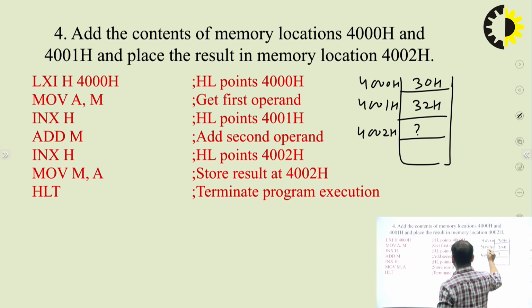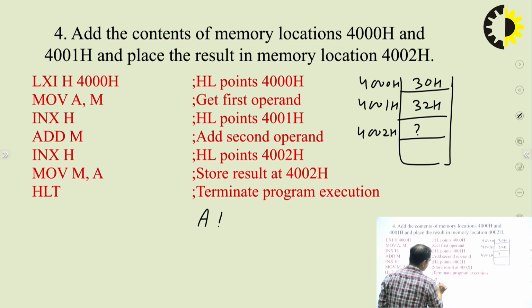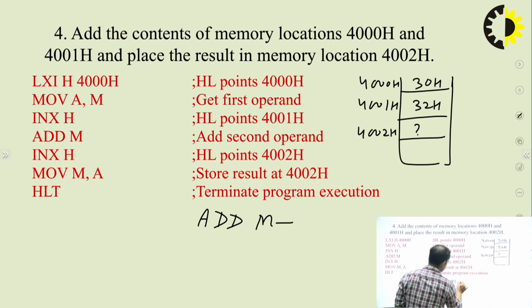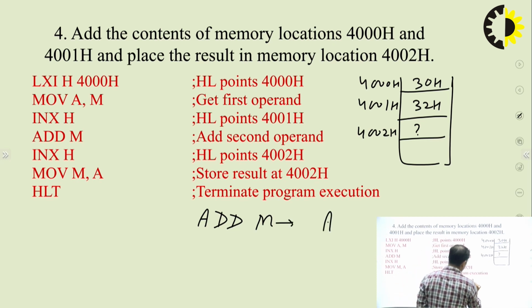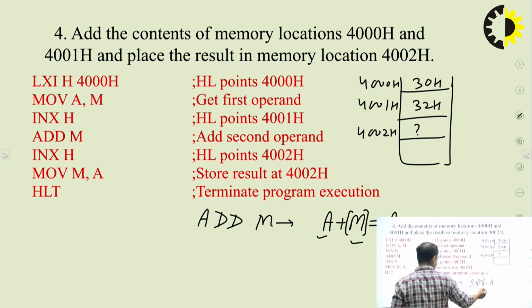So it means the first content we have to put into the accumulator, and the second content will be in a register or the memory location. We are aware that when we add numbers, suppose here I take M, this is equivalent to A plus M is equal to A. So the content of the accumulator and the content of the memory location will be added into the accumulator.